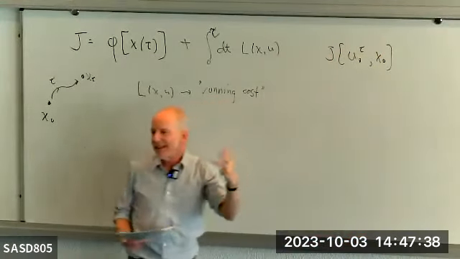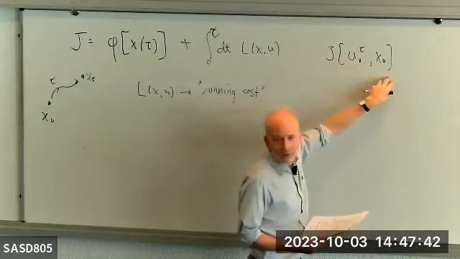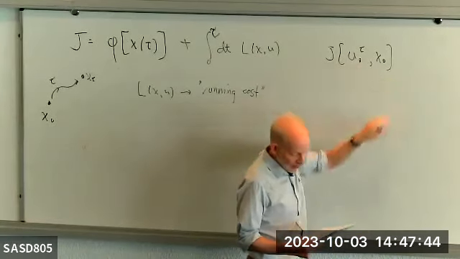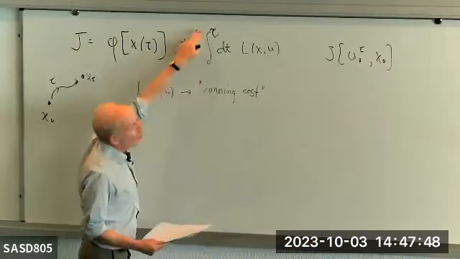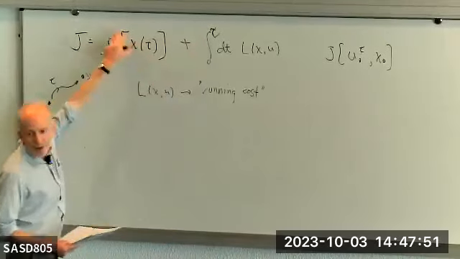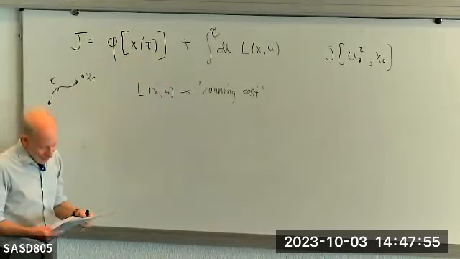So we would say technically it's a function now of U, the trajectory U, but also a function of the initial state X naught. And we could let tau go to infinity if we wanted, and then we would just drop the final condition since there isn't any final condition in sight.